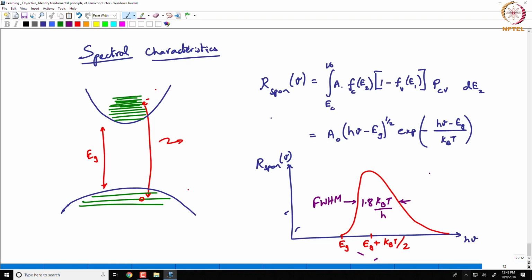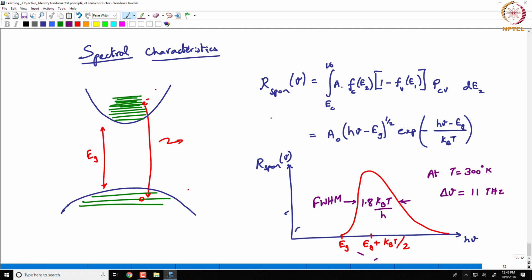If you look at T equals 300 degrees Kelvin and substitute that into this expression, you will find that this delta nu corresponding to the FWHM is about 11 terahertz. Okay. So at room temperature, all LEDs have roughly a spectral width of 11 terahertz, right.